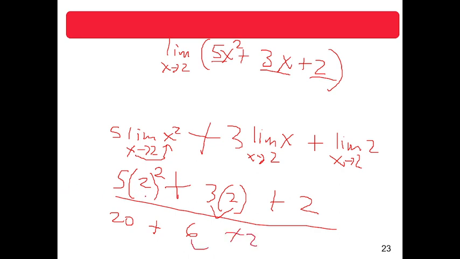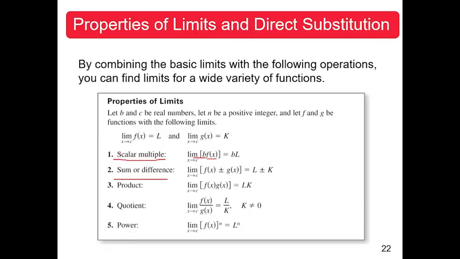So therefore, 6 plus 2 is 8. So in total, 20 plus 8. The value of your limit here is simply 28. If you will notice, what we have made is property number 2, which is the sum or difference.